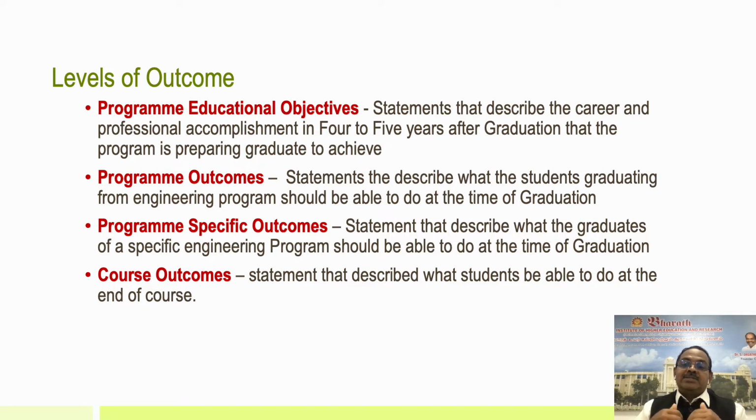Program outcome is shortened as PO and the program specific outcome is abbreviated as PSO. The lowermost and executable level of outcomes is course outcome, shortly called CO. By using the course outcome, we can accomplish the program outcome and the program specific outcome.